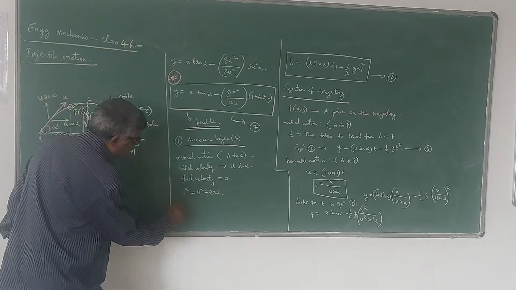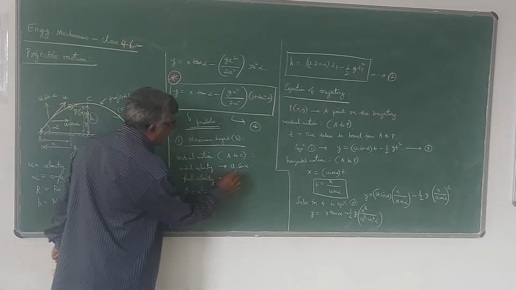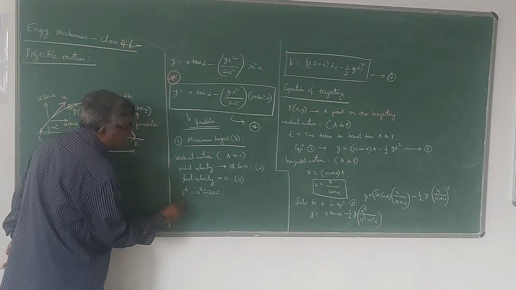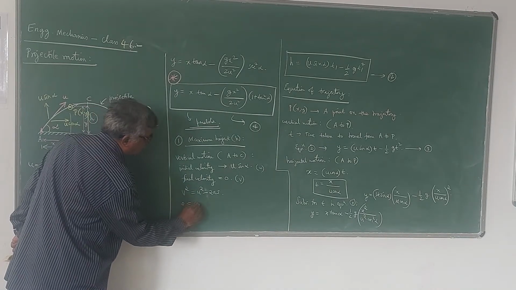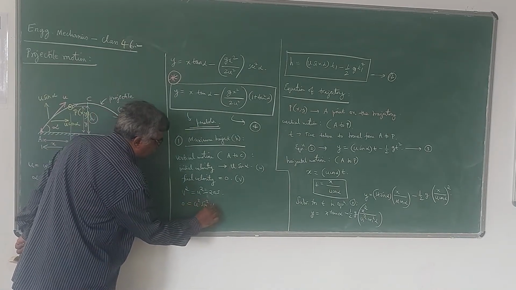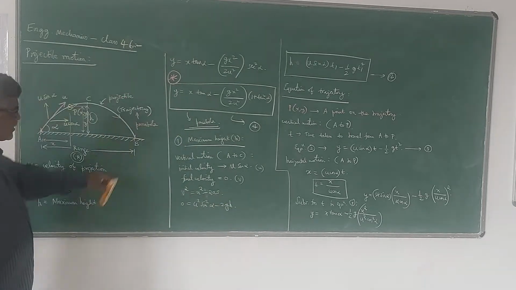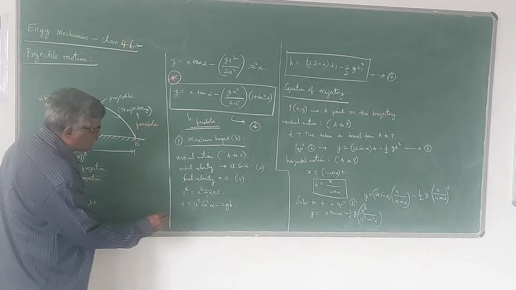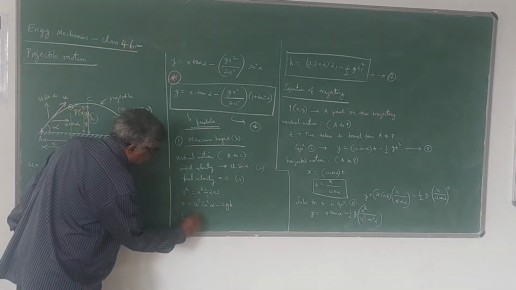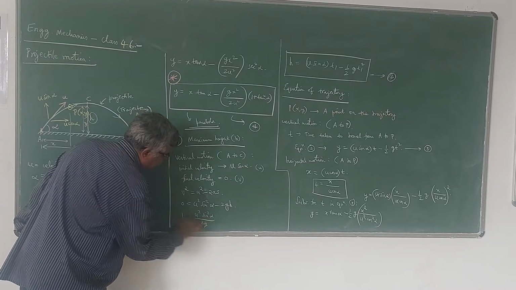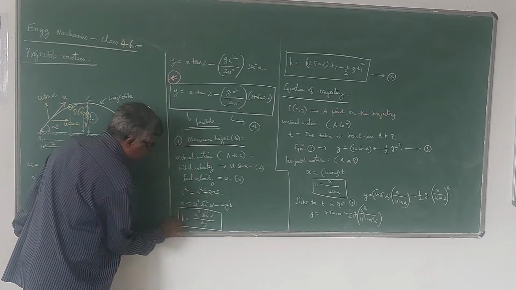So the equation reduces to, v is the final velocity, u is the initial velocity: 0 is equal to u square sin square alpha minus 2g into h. h is the distance traveled in the vertical direction. Therefore h is equal to u square sin square alpha divided by 2g. So this is the first equation.